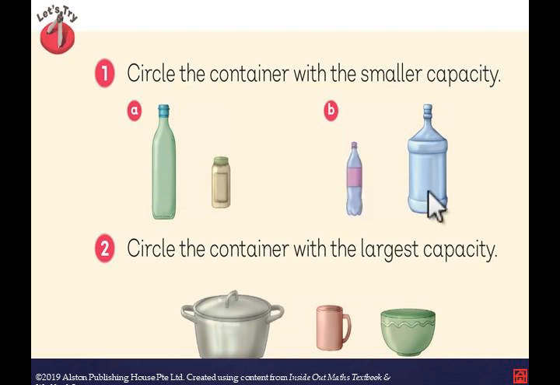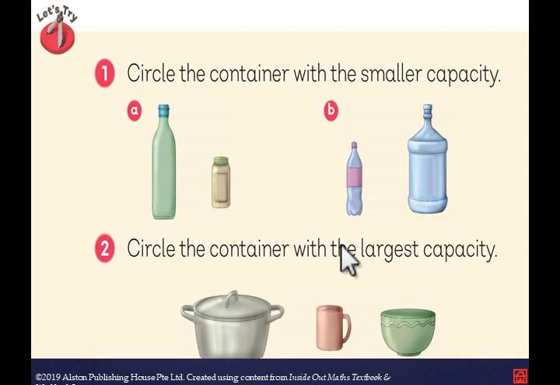Next, letter B. Which of these two has the smaller capacity? This one or this one? Can you point and circle with your finger? Very good. Did you get it? Number 2. Circle the container with the largest capacity.